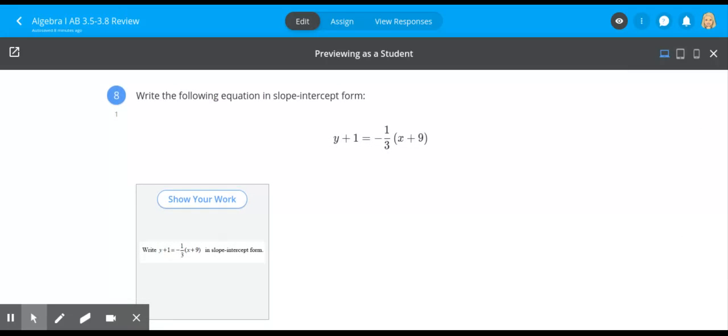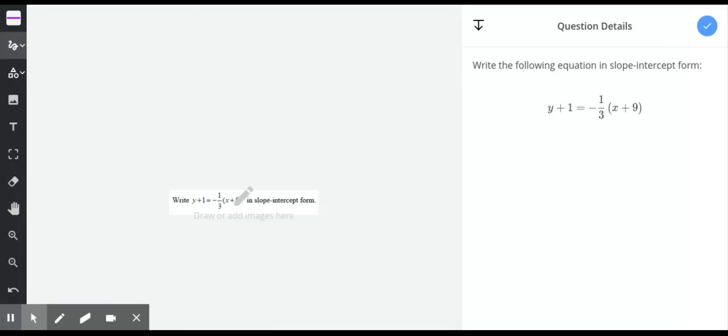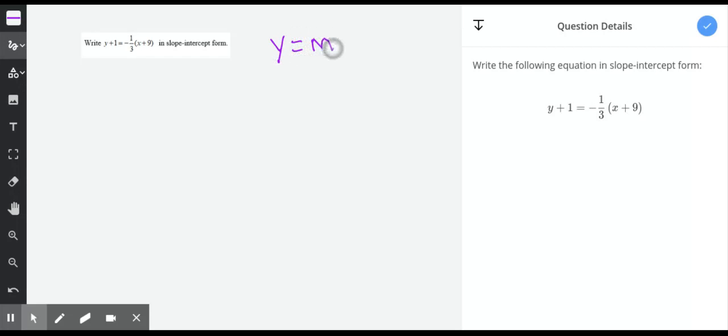So for number 8, it wants me to write that equation in slope-intercept form. So the first thing I'm going to do is move it up here out of my way. To write that in slope-intercept form, I want to write that as y equals mx plus b. So in order to do that, I need to first distribute the negative 1/3.